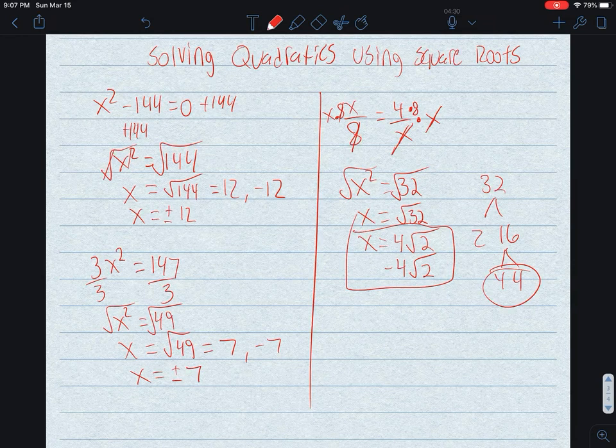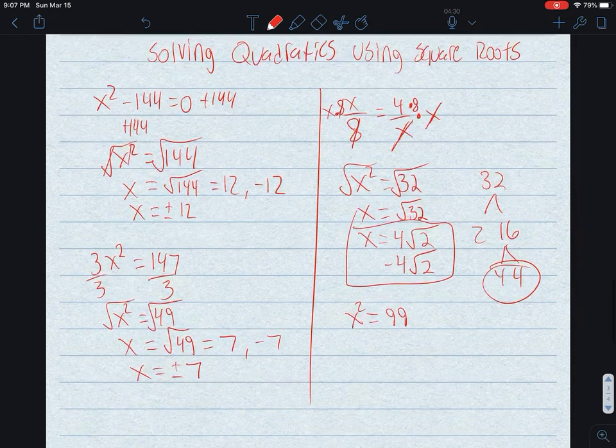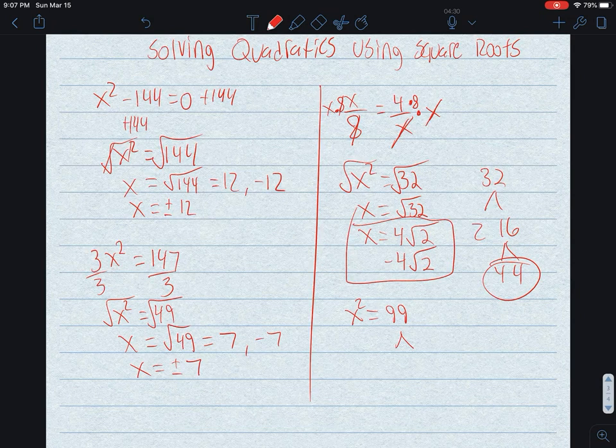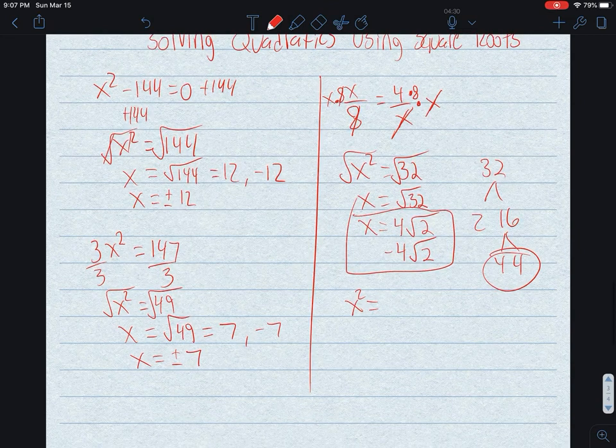So if there is no b, and all you're going to do is take the square root of a positive answer, if you have anything, x squared equals 99. If you're able to factor the other side and get a pair of numbers, well, this one doesn't make a pair. Let's make it so you can get a pair. 100.